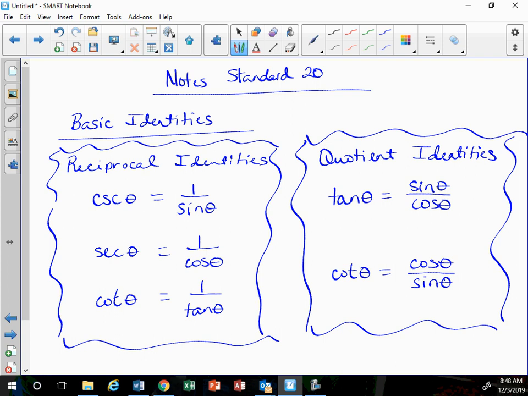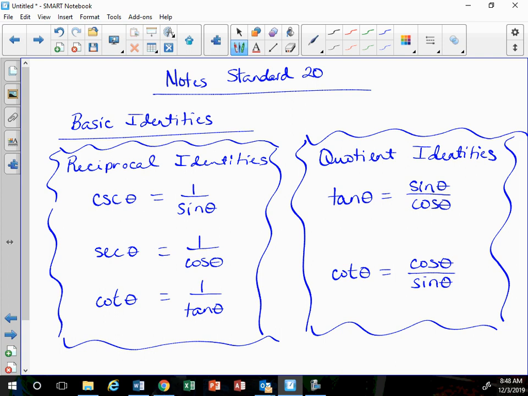So we'll talk about what you'll get on each standard as we go throughout them. But if you're doing the practice on all the proofs, you're going to use these enough that you know them. And if you don't know them, it's really hard to do the proofs because you can't recognize the substitutions. That's all the proofs are, is doing different substitutions to simplify one side into the other side, okay?